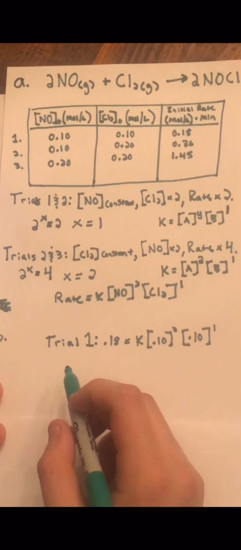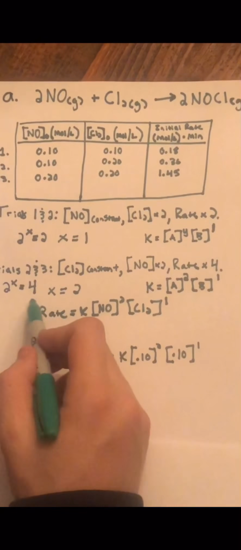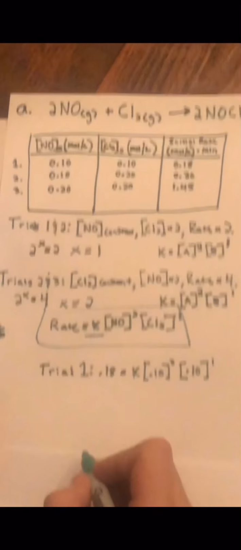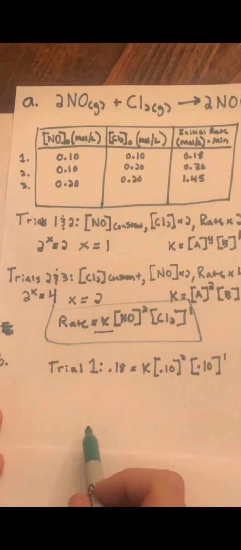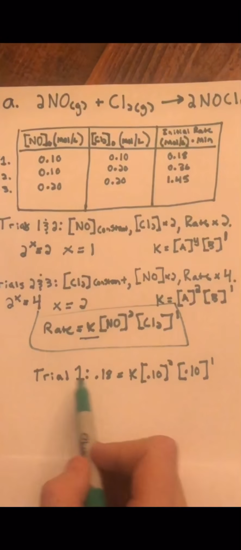Rate law figured out, we can now determine the rate constant, which is the value of K. We can choose from any trial to plug in the values, so I chose the first trial. By plugging in these values, we can see this equation.